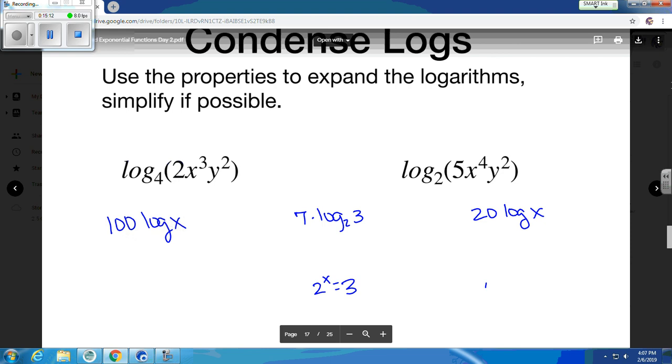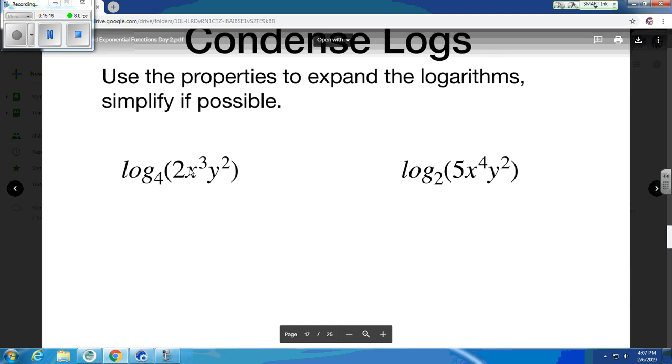Now we're going to put some of the properties together. Log base 4 of 2x cubed times y squared. The first thing that I'm going to do is check to see if there is a radical in the problem. If there's a radical, I'm going to change it to a fractional exponent.